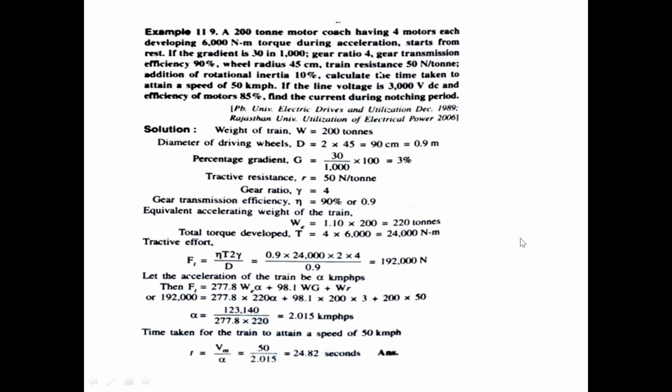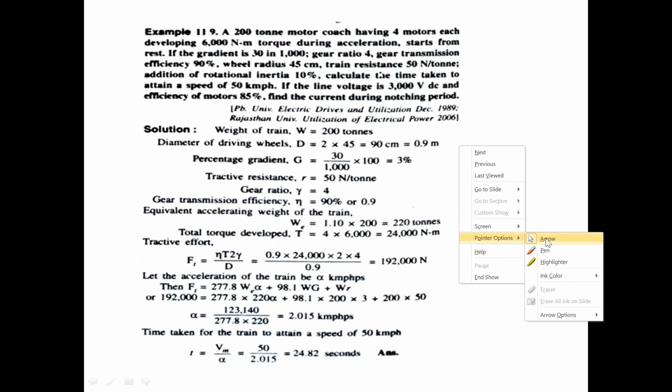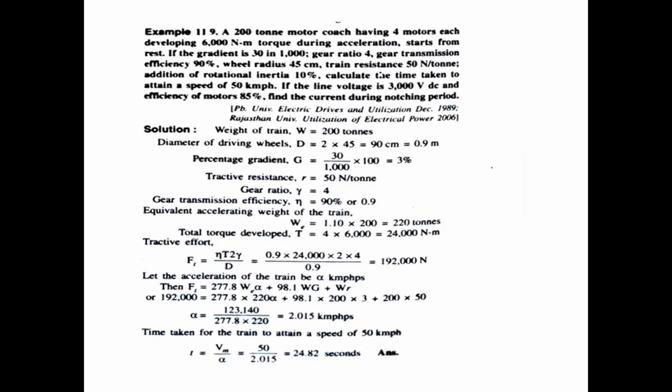The second problem I have taken here is a similar sort of problem. So here let us write down what inputs are given. W is given: the weight of a 200 ton motor coach having four motors, each developing 6000 Newton meter torque during acceleration.